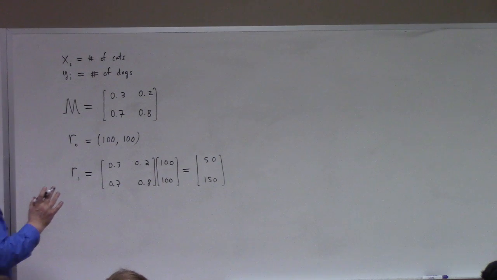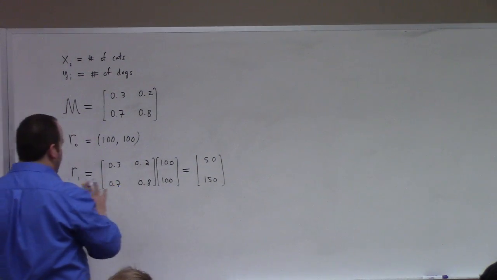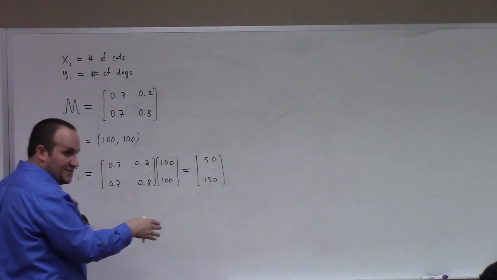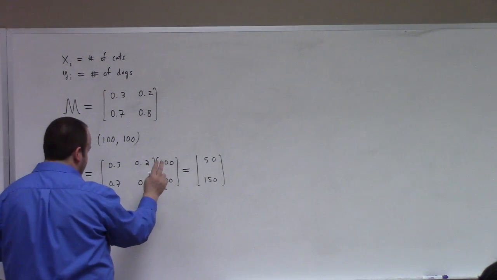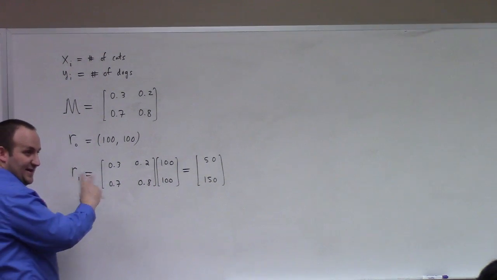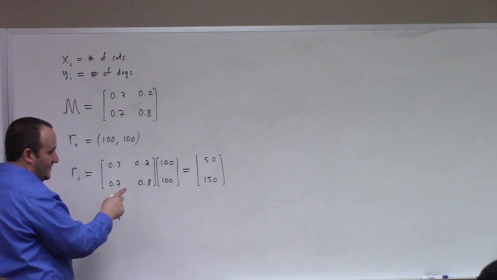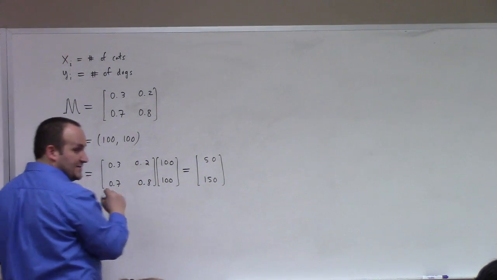So what we're looking at is the number of cats, the number of dogs. This transition matrix says that as the state evolves, I start with 100 dogs and 100 cats, rather, 100 dogs. And then the state machine, whatever it is, causes 50 of those dogs to become cats.